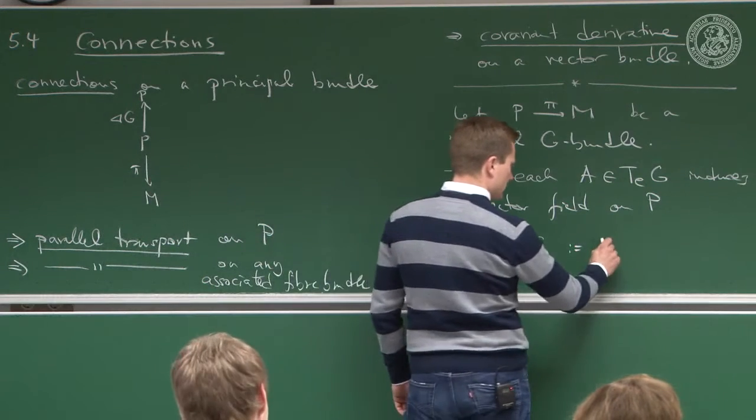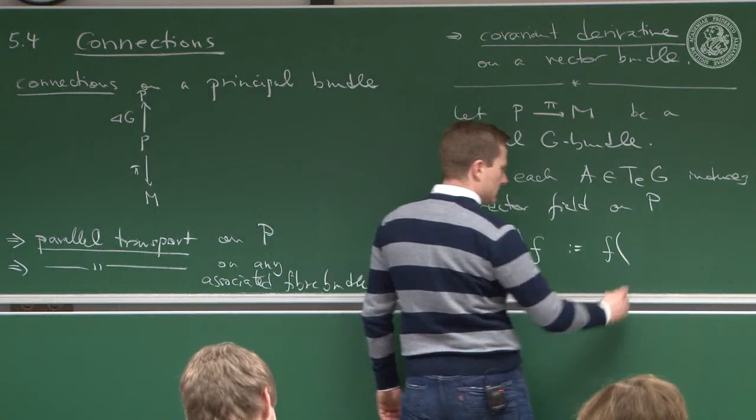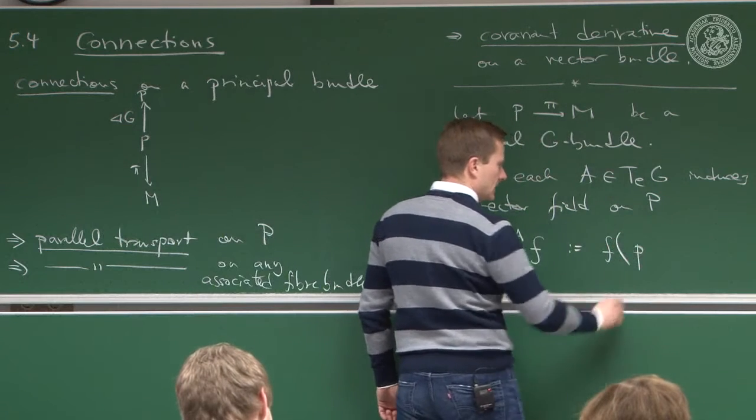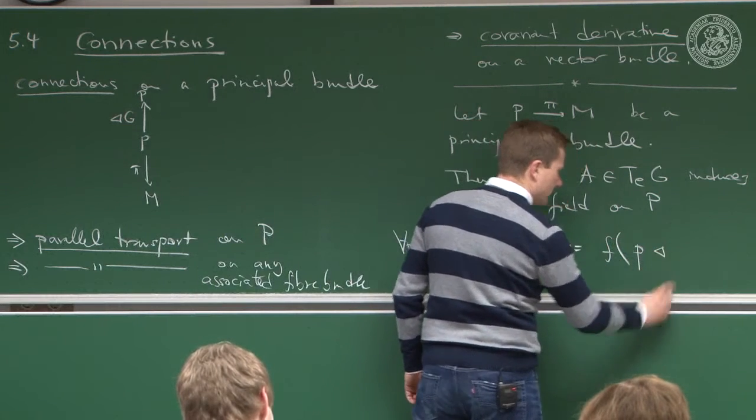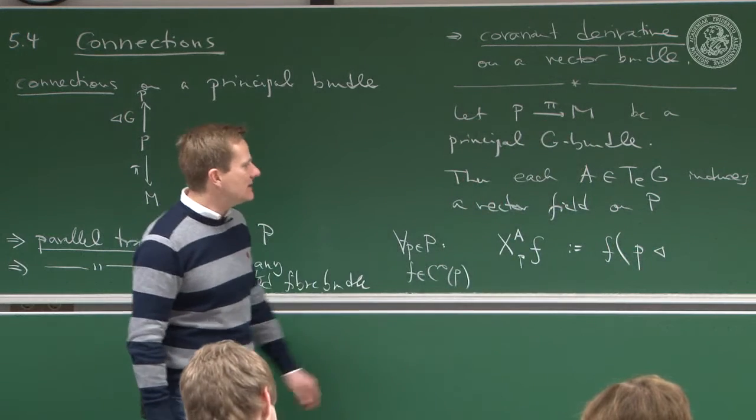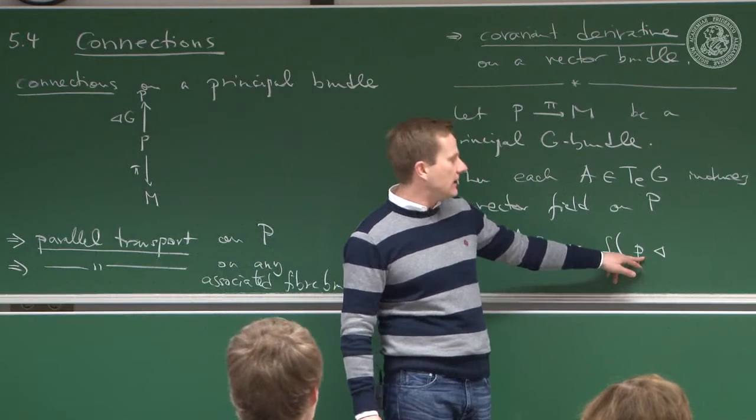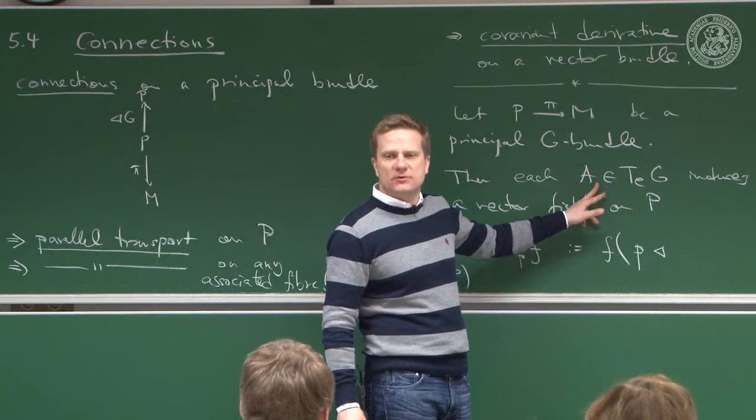It is f at the point p acted upon from the right. We need a group element that acts from the right, but we just have a Lie algebra element.